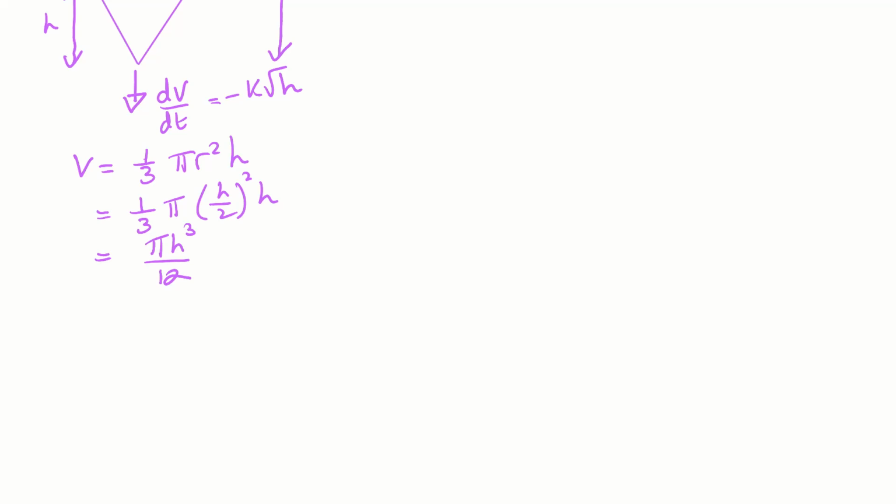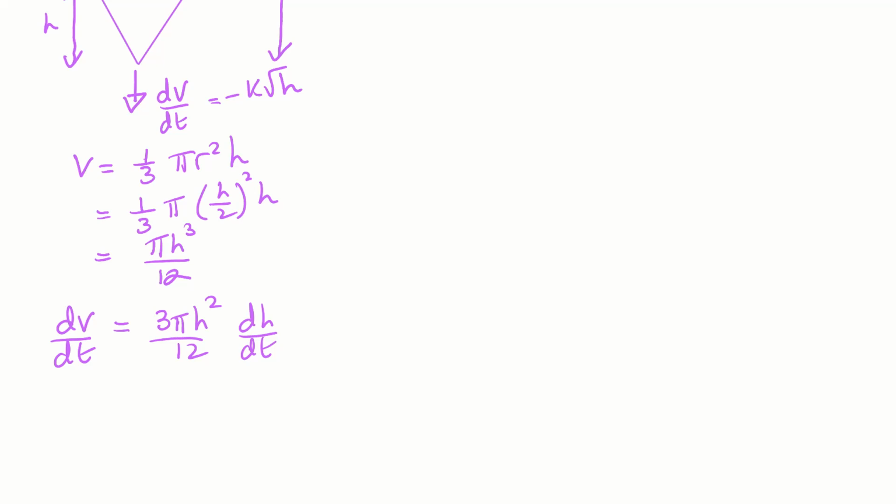Differentiating both sides with respect to t gives me dV/dt is equal to 3 pi h squared on 12 dh/dt. Remember, that's implicit differentiation there.